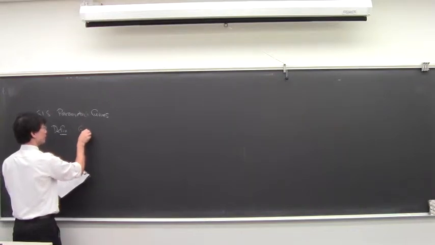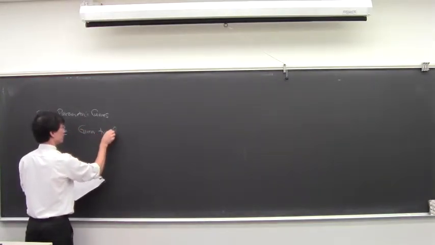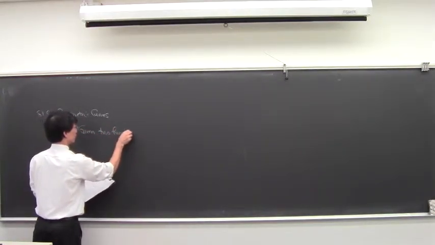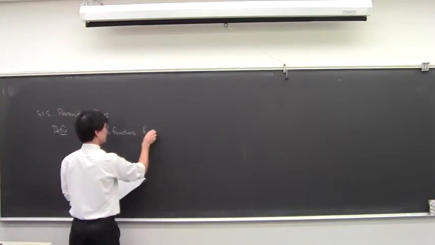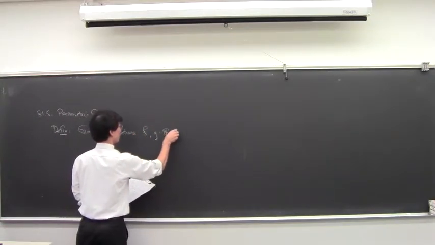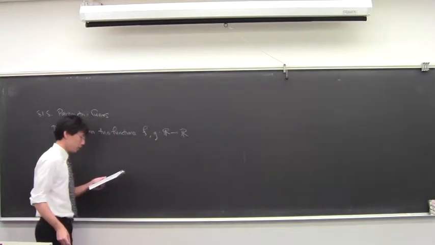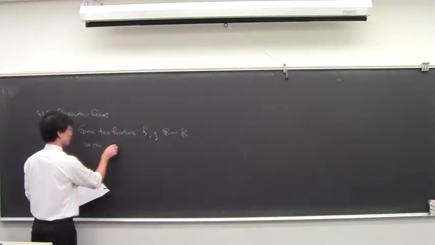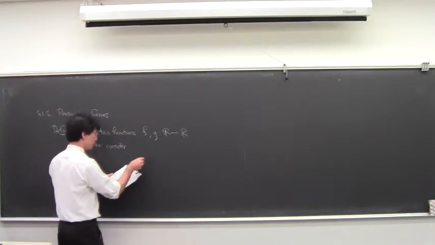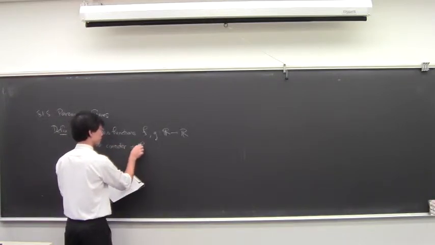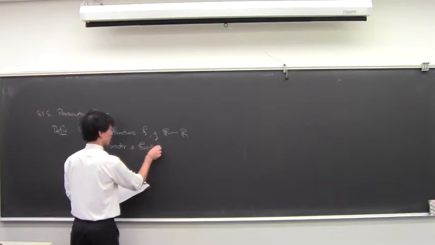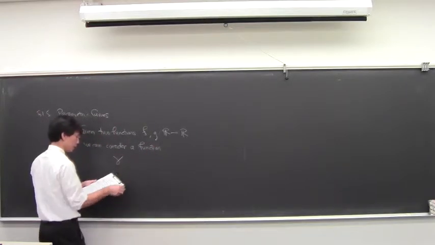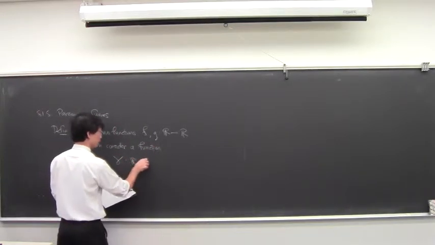Definition: given two functions, f and g, both going from R to R, say. We can consider a new function, gamma, going from R to R2.